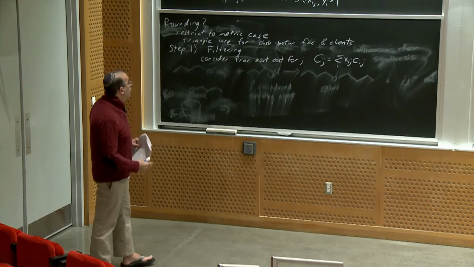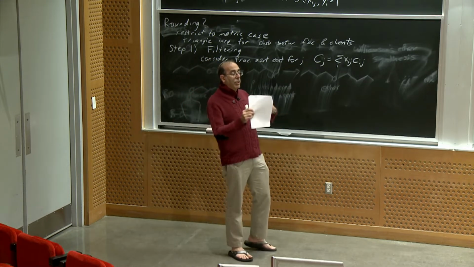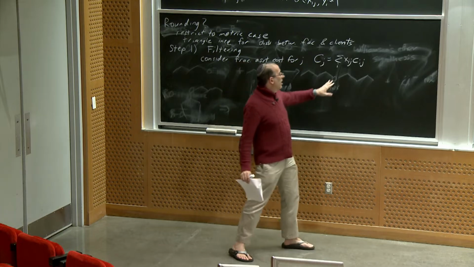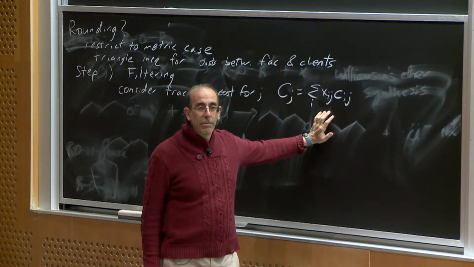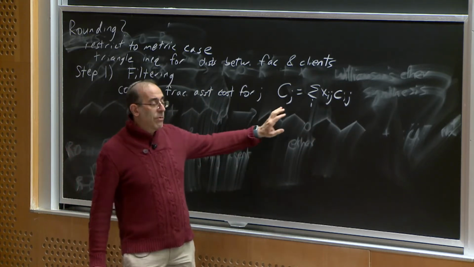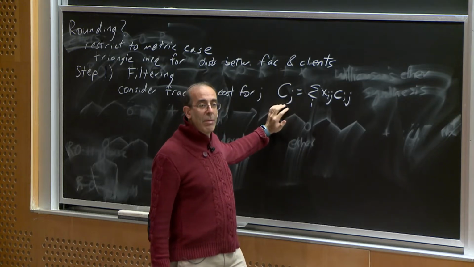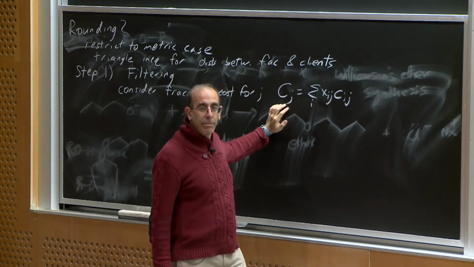So we know that fractionally the client is assigned to at least 1 unit's worth of facilities, right? And this is the cost of that fractional assignment. Okay? And from an intuitive perspective, right, if this relaxation is going to work well, this fractional assignment cost should tell us something about the actual assignment cost that we end up with when we do the rounding.